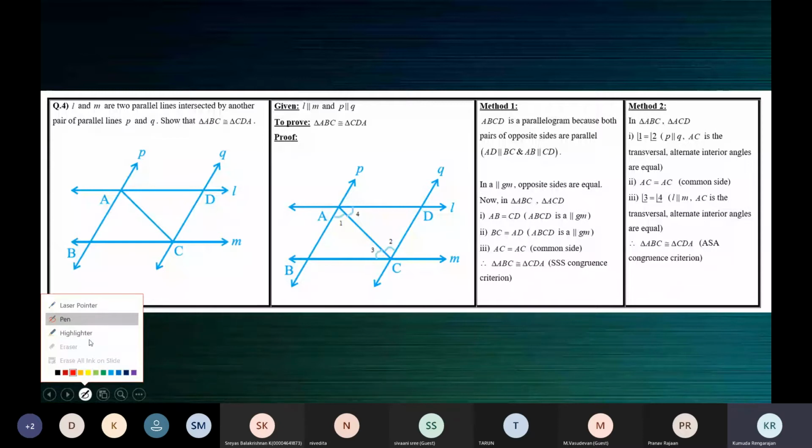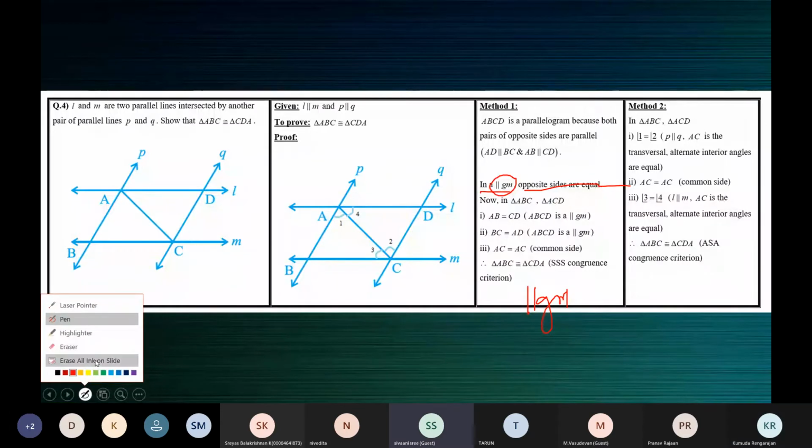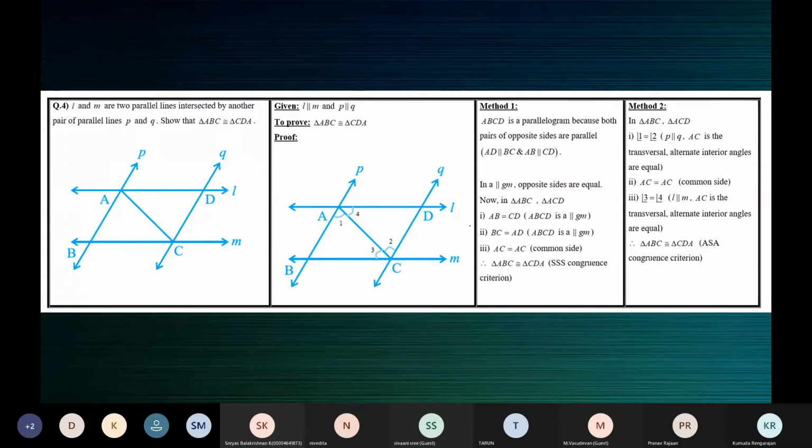Okay, are you talking about this one? That's a symbol for a parallelogram. In a parallelogram, opposite sides are equal. Ma'am, he's asking that there is no G in this figure. You're talking about this G, is it? Yes, ma'am.